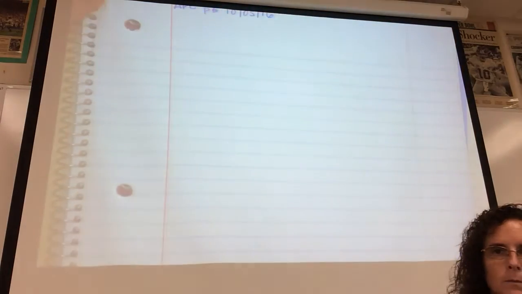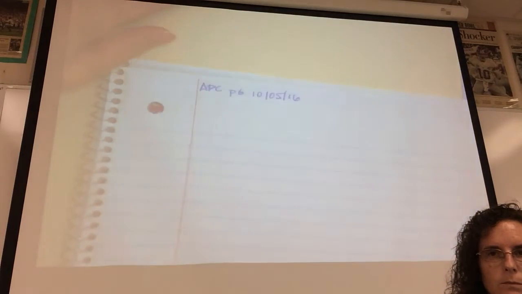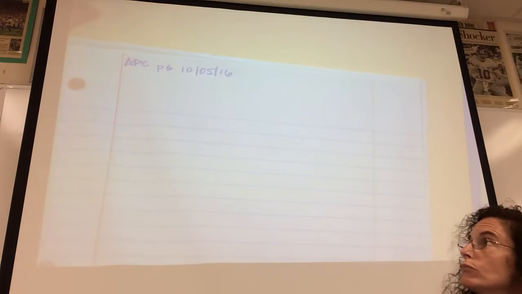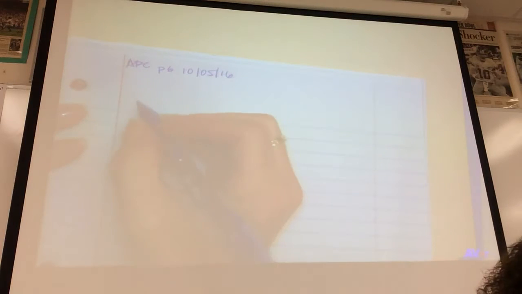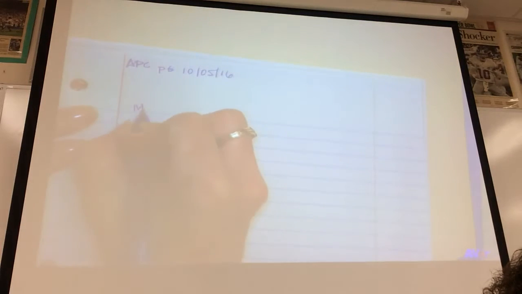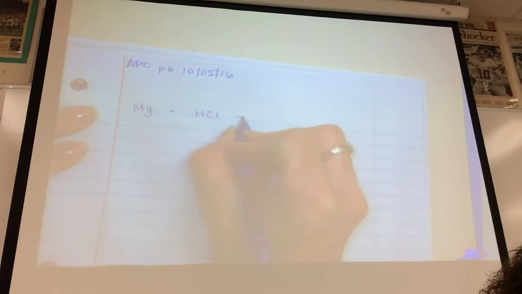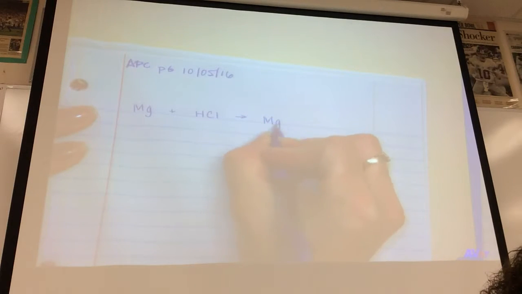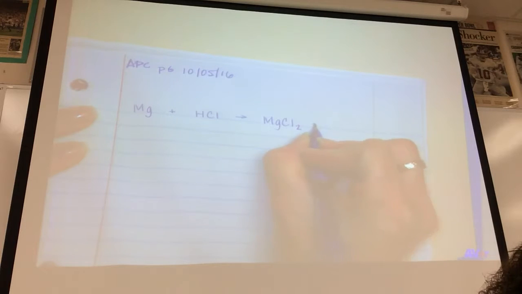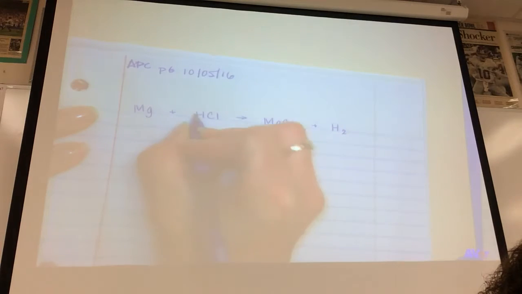So for example, we reacted magnesium with hydrochloric acid to generate magnesium chloride and hydrogen gas.